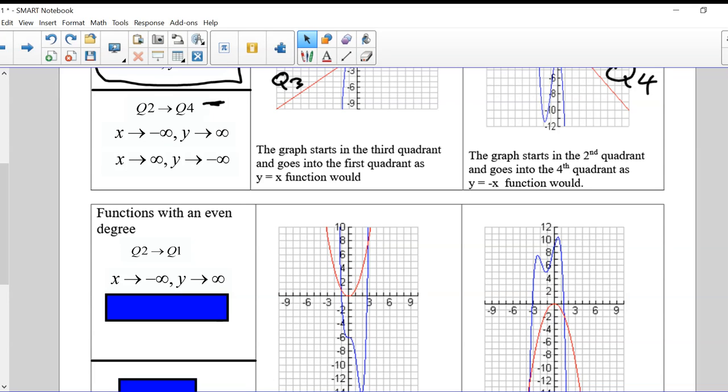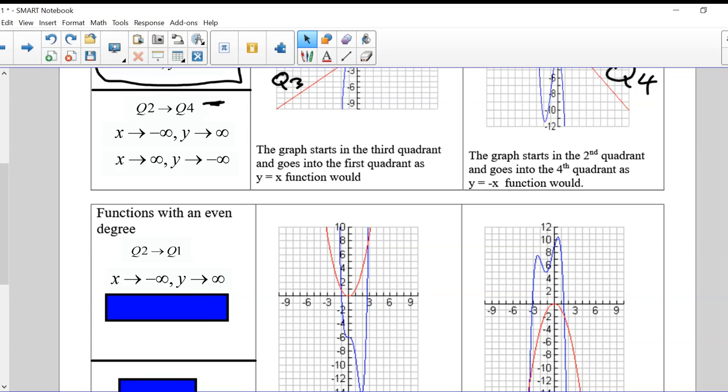That's what dictates end behavior: having a positive lead coefficient and having an odd or even degree. In this case, it's an even degree. That's what makes them have similar characteristics. They're not the same, but they have similar characteristics.